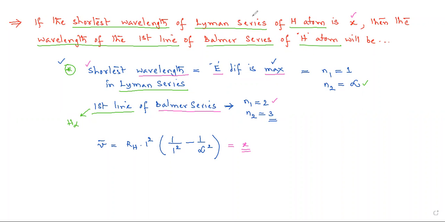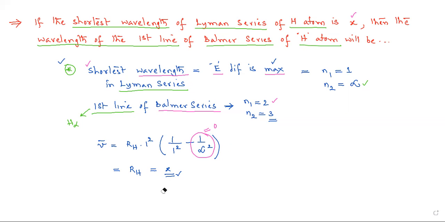Now, what is this? You know this 1 by infinite square, of course it is 0. Now what do you get? This is nothing but RH, and it is given as X in the problem. Now taking this RH value, nothing but X, we will calculate. No, just a second.